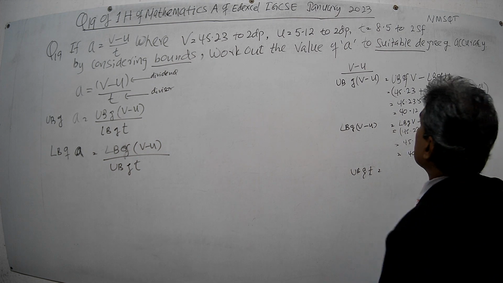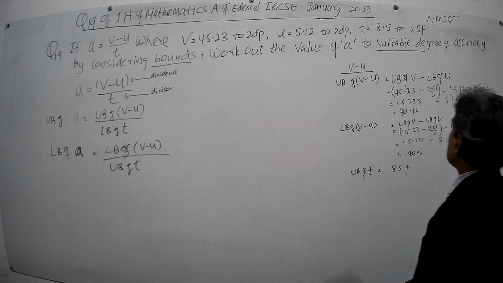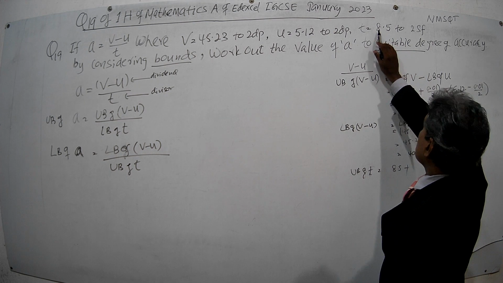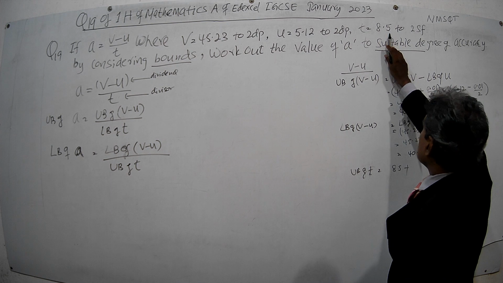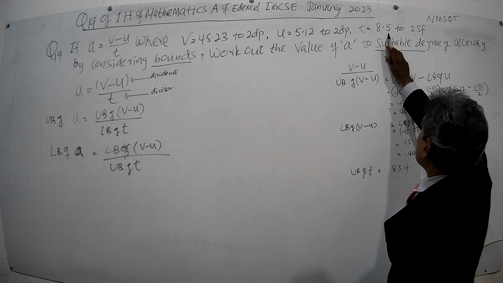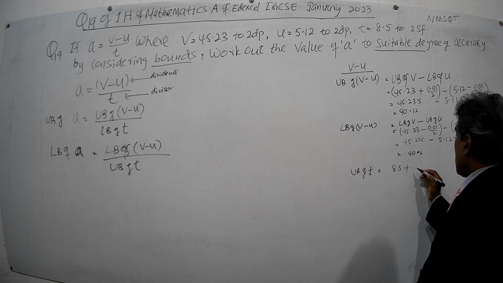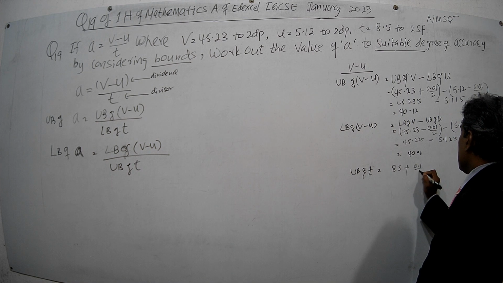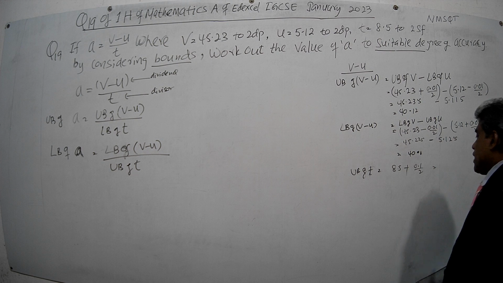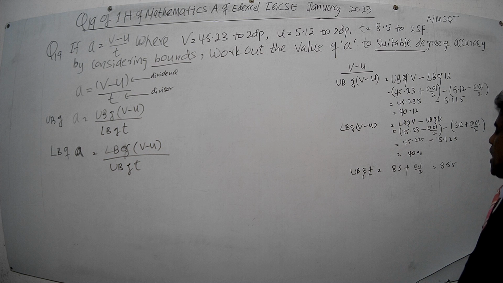The corrected value of T is 8.5, to two significant figures. The second significant figure is in the first decimal place, so the degree of accuracy is 0.1 divided by 2. It will be 8.55. That is the upper bound of T.